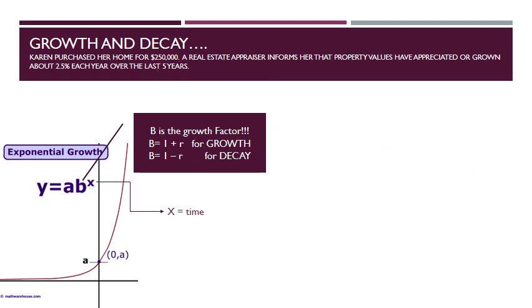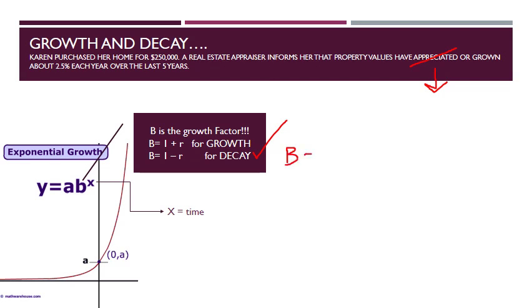Now let's look at this same situation, but let's pretend instead, the housing market is going down and it's declining. Let's figure out what we would do in that case. We are going to go with a decay situation. So then we would be using this formula for our growth factor.